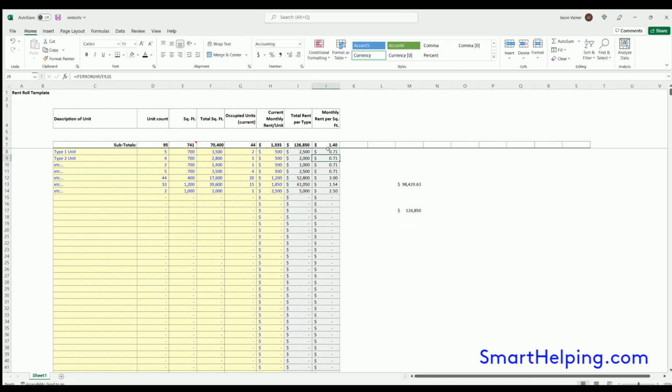Let's see. Weighted average. It has to do with this weighted average, I think. So I want the average rent per square foot. I guess not based on a square foot in each unit, but by the count. Maybe it is the count. Oh, no, that number's too high.